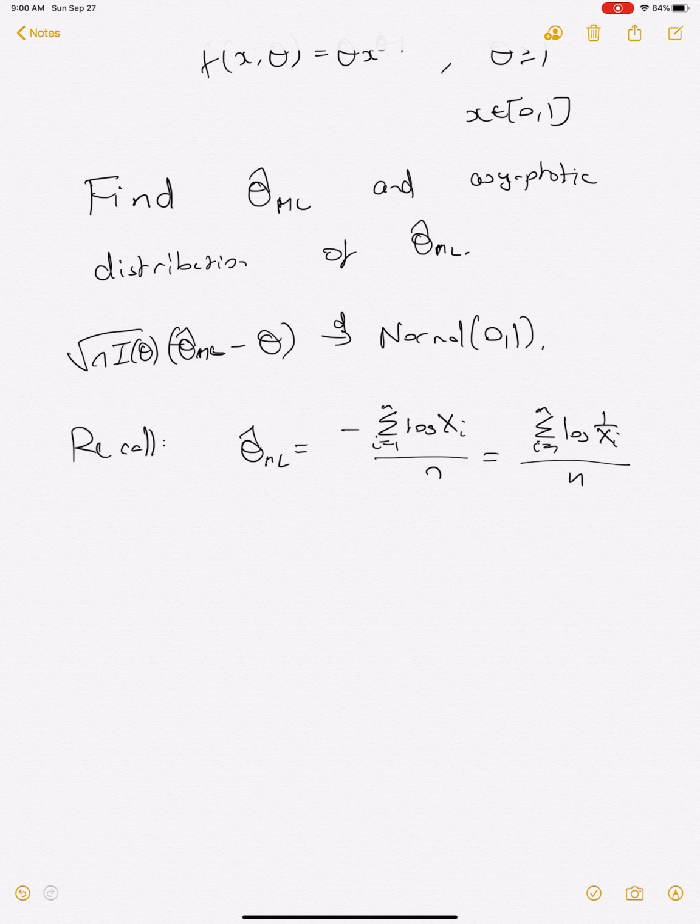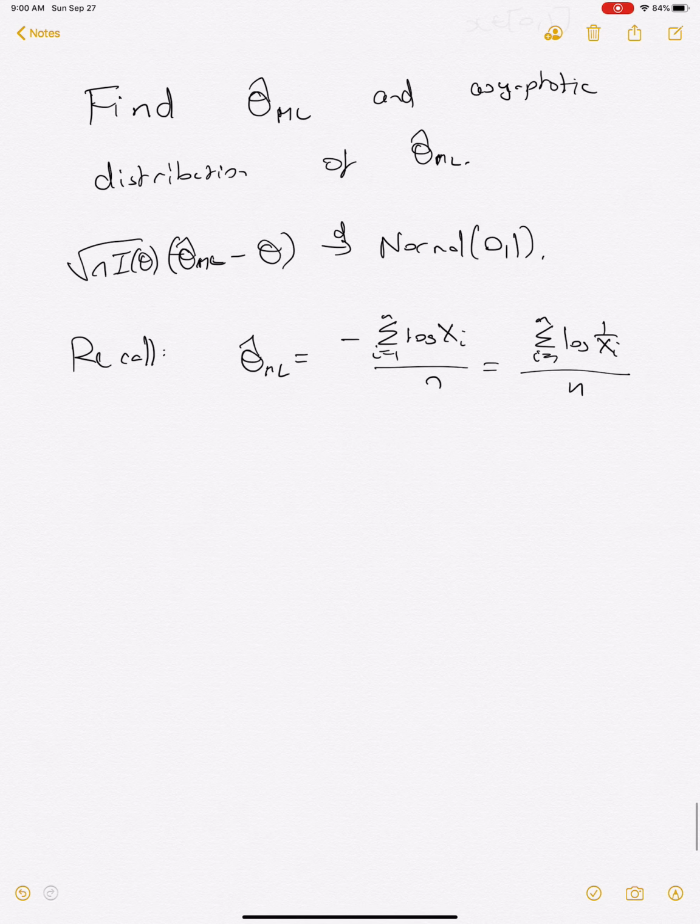So certainly this is not going to be the sample mean, and so we're going to get a very different result to what we get for the central limit theorem. And then we also calculated that I of theta is just 1 over theta squared, right?